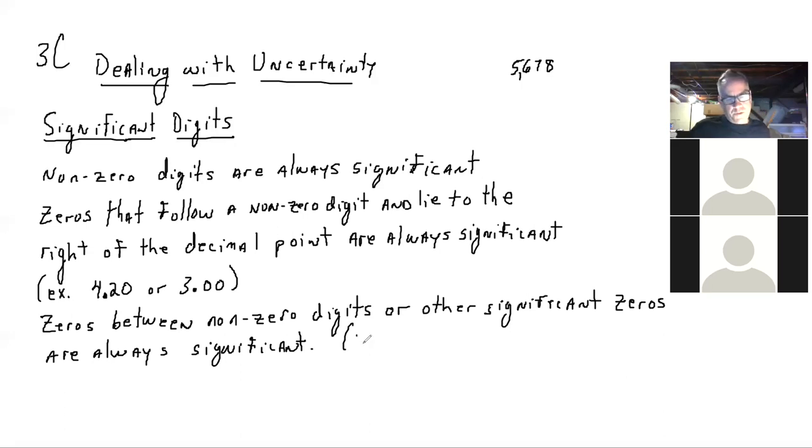Again, let's do an example: 5,002. These two zeros are in between two non-zero digits, so there would be four significant digits there.